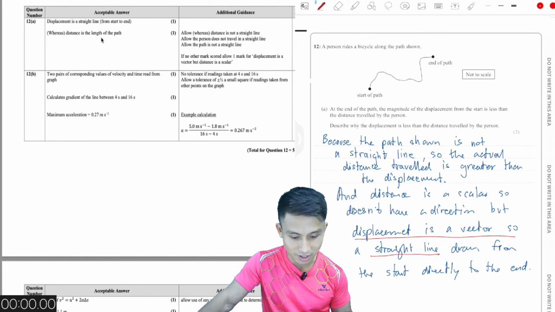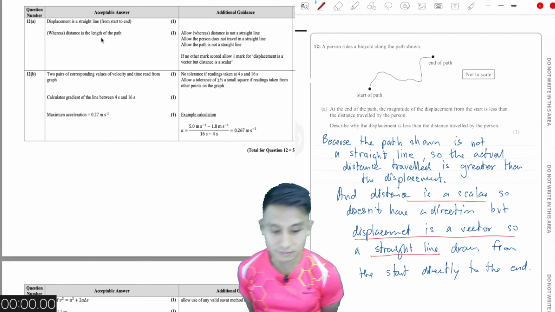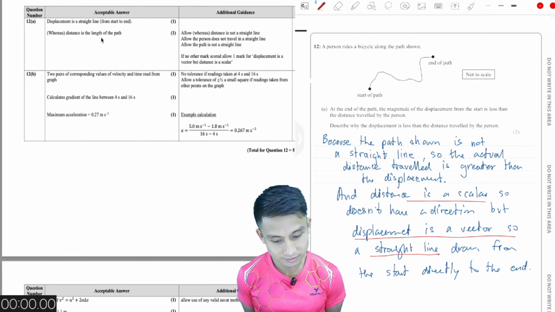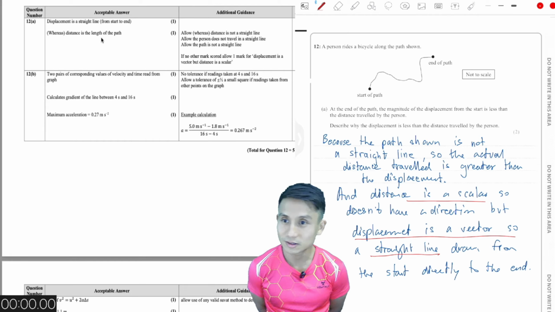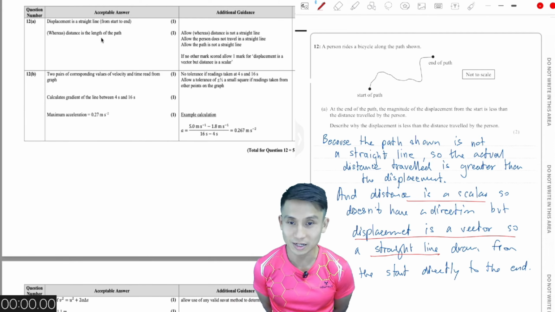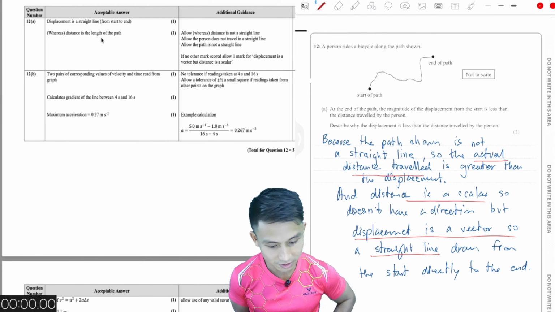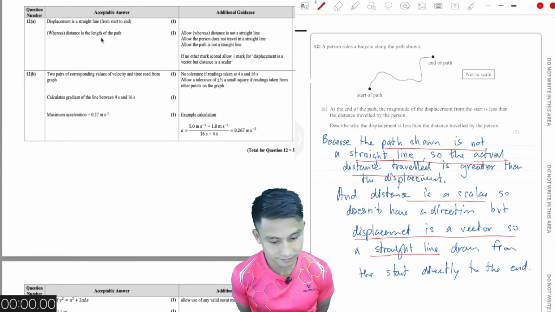Distance is the length of the path, so distance is a scalar. The actual distance traveled is greater. Yeah, I think I'm going to give myself the mark for that part, because I already mentioned that distance is a straight line and the actual distance traveled here would be the path. It's not a straight line.